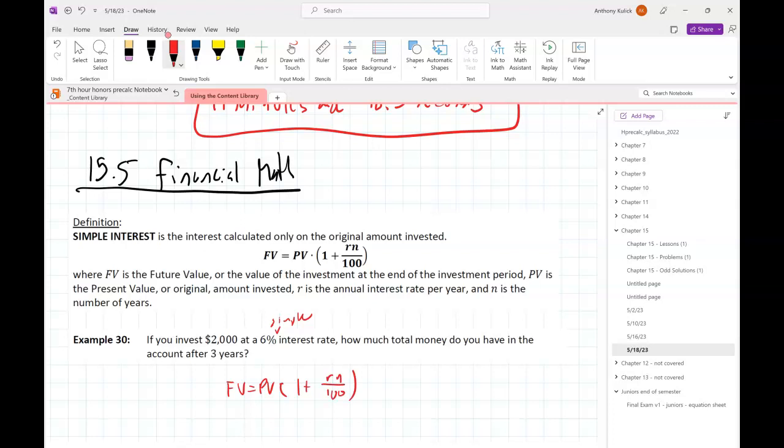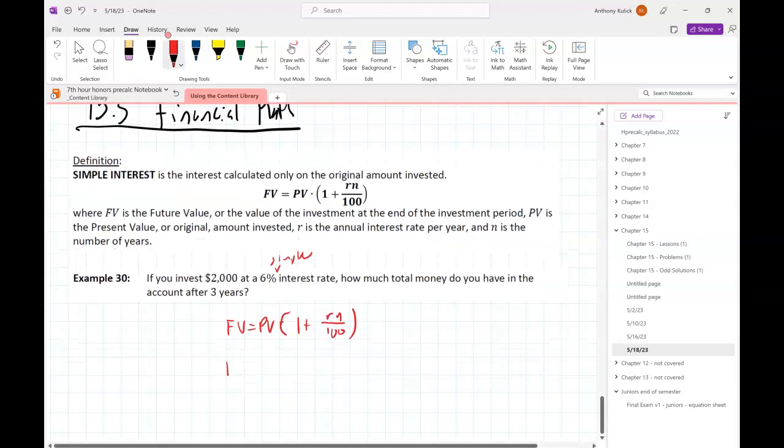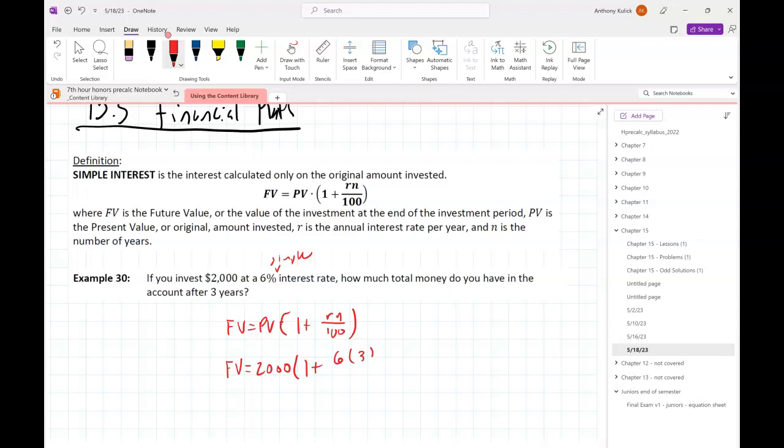So again, we see simple interest, so we're going to use the simple interest formula. We're looking for future value. The present value is 2,000. The r is 6. The n is 3. And when I punch that all through my calculator, I get 2,360.